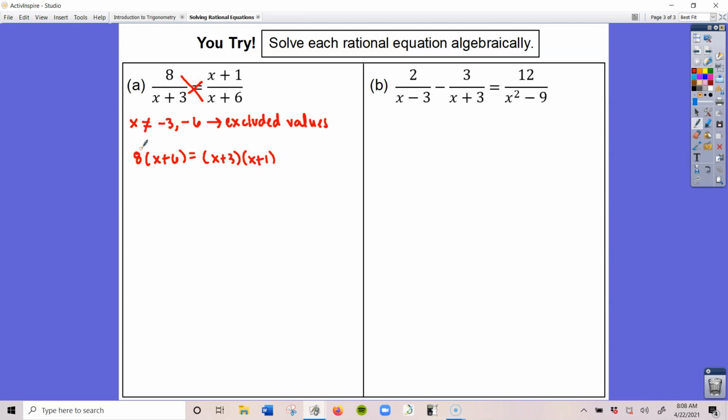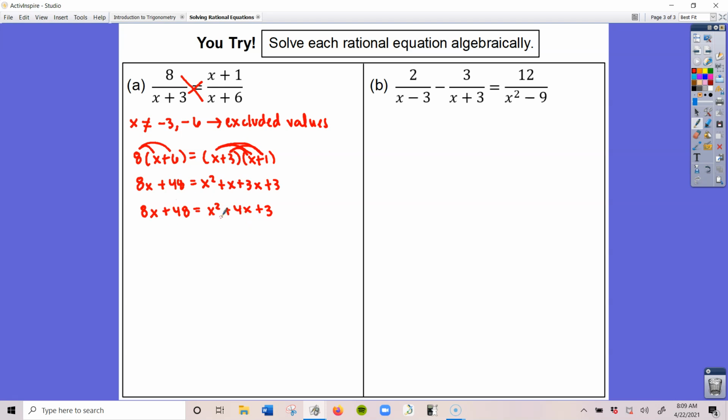So now we're going to distribute this 8, and we get 8x plus 48 is going to equal, we distribute the x plus 3 to the x plus 1, and we get x squared plus x plus 3x plus 3. Combine like terms here, we get 8x plus 48 is equal to x squared plus 4x plus 3.